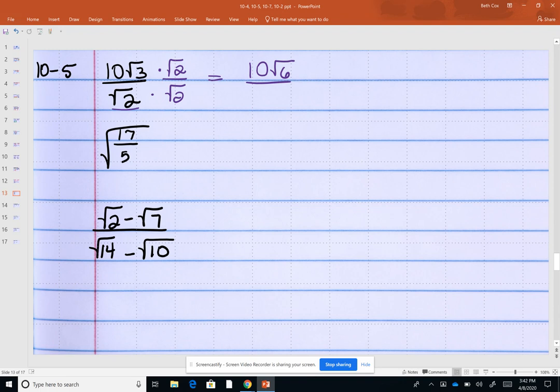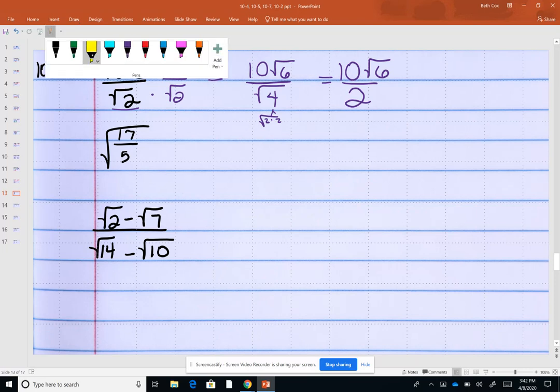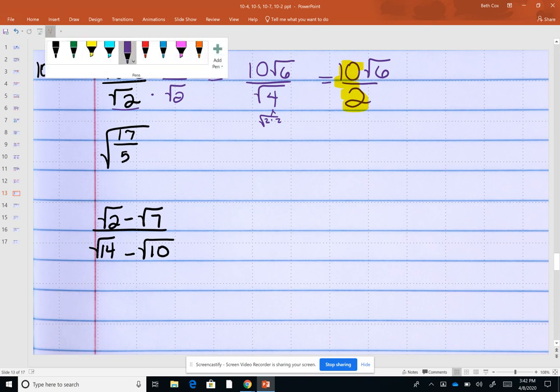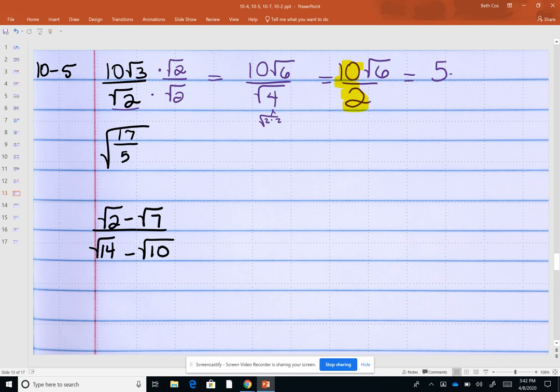And then on the bottom, I'm going to get the square root of 4, which again, that's going to simplify. Both the 2's get out to plain 2. There's my numerator, and then I look. That's 5. That's plain 5. So that's 5 square root of 6. That's my answer on that one.